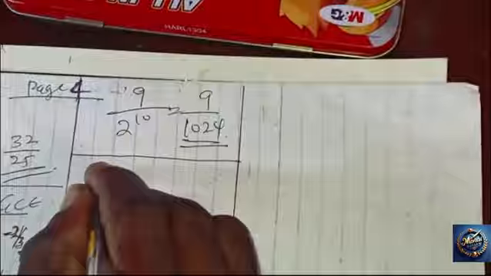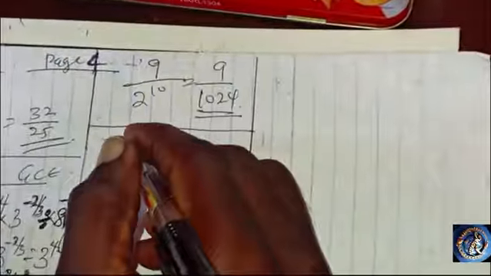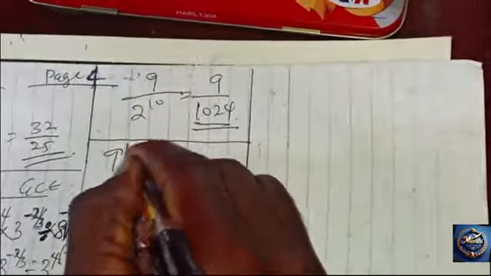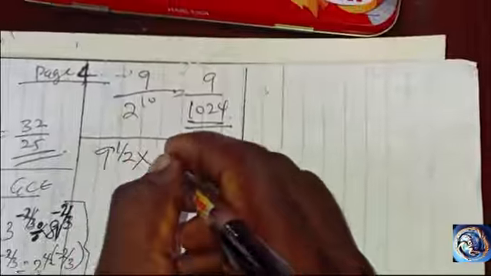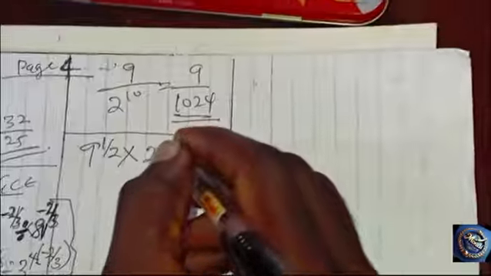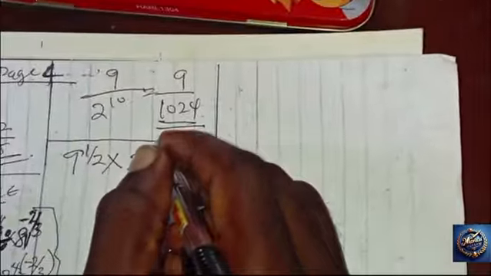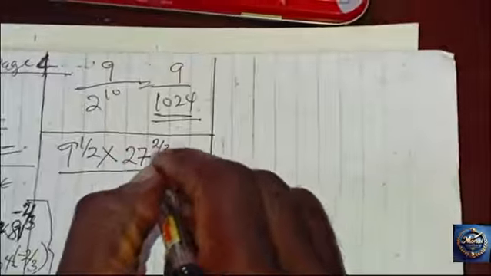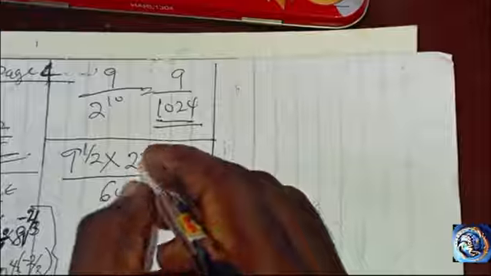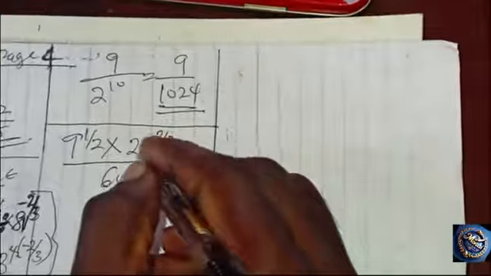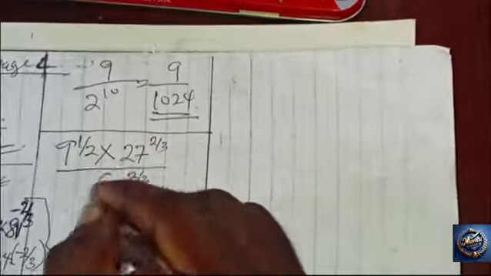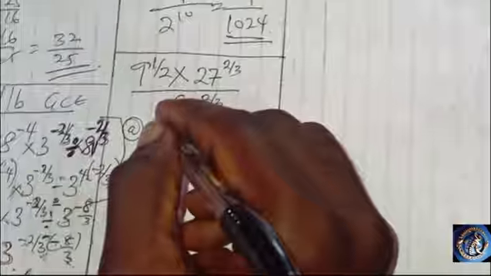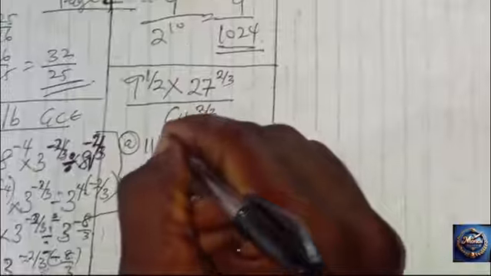So I have another question which says 9 raised to the power of half times 27 raised to the power of 2 over 3, all over 64 raised to the power of 2 over 3. Options: A, 1 and 1 over 4.